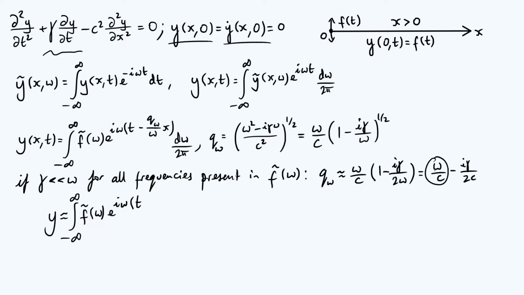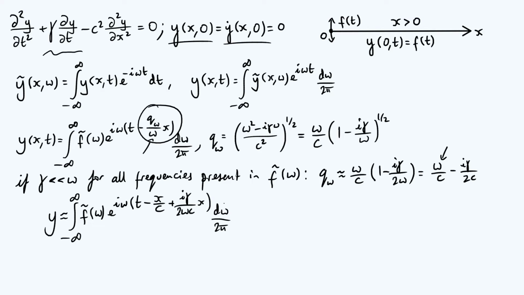Your omega over c here is going to contribute a minus x over c term, because the omega in the denominator cancels with the omega in the numerator. Then you're going to get an additional plus i gamma over 2 omega c, again multiplied by x. And then that's it, because we've ignored the higher order terms. That is an integral d omega, and then divided by 2 pi.